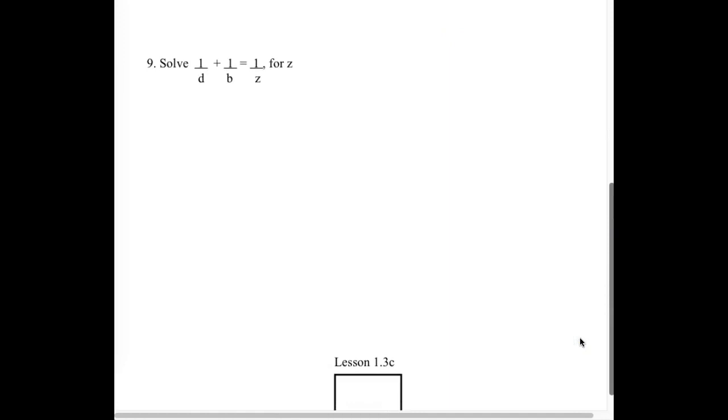there's a couple different ways we could go about this. The variable we're trying to solve for is on the bottom. We need it to be in the numerator. We can't simply flip this whole thing over. The only time we can do that is if we have a proportion where we have one fraction equal to one fraction. Then we can flip the whole thing over. But in this case, on the left side, we have two separate fractions.